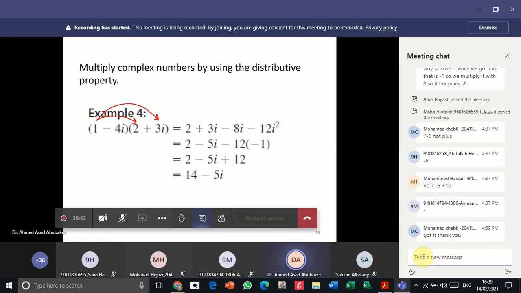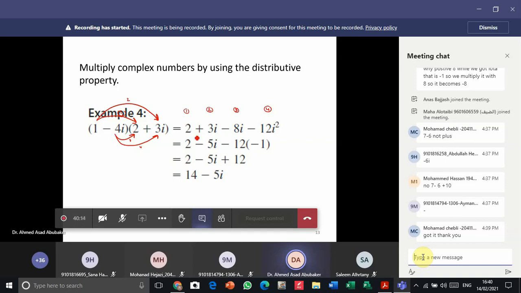After that, negative 4 multiply by 2, and negative 4i multiply by 3i. So multiply each term in the first bracket with each term in the second bracket. This is number 1, this is number 2, this is number 3, and this is number 4.